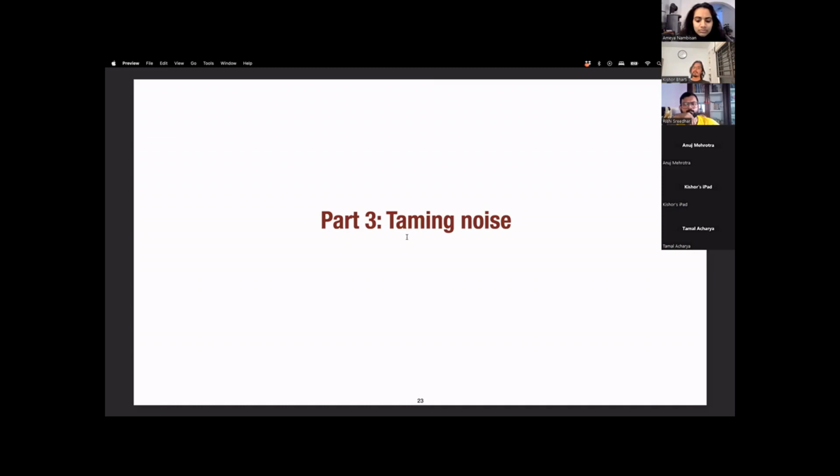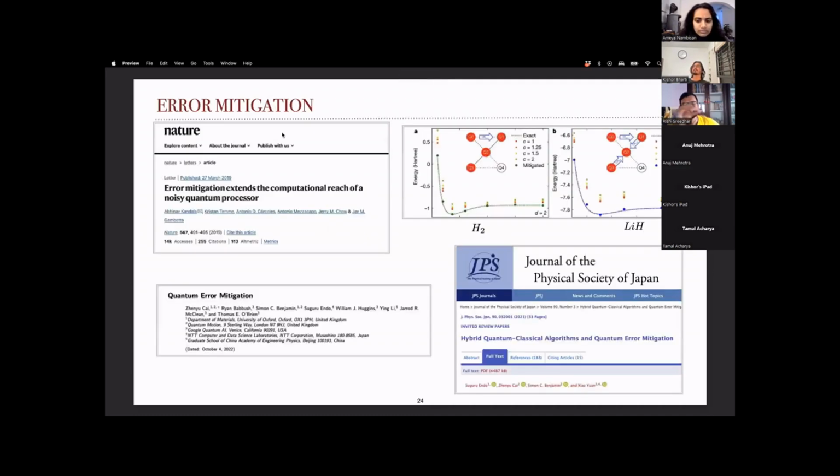We are talking about NISQ, so noise will be there, and noise is one of the challenges. People proposed something called error mitigation, where the idea is that you get more samples and you try to calculate, for example, a noiseless expectation value from a noisy expectation value. But then there's this sampling cost, you need to take too many samples, and it helps actually.